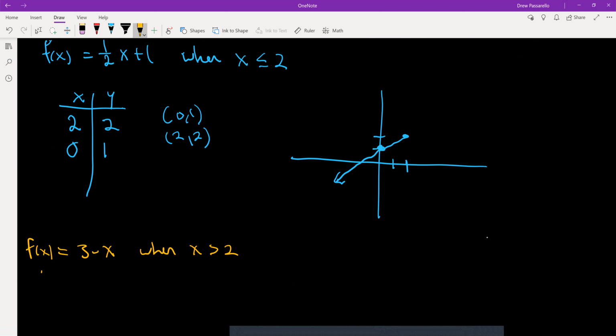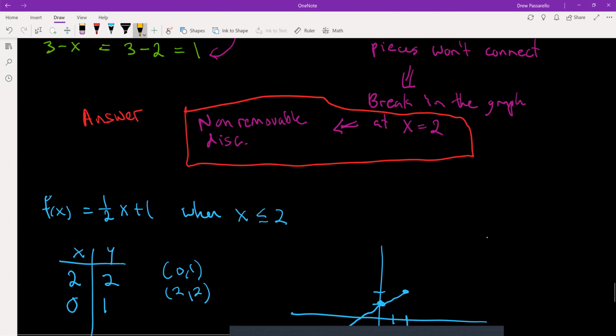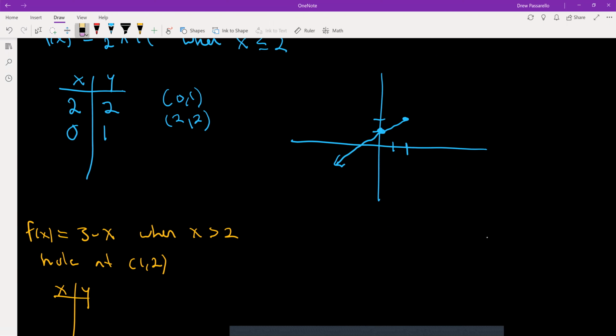So there's going to be a hole at 1, 2. Let's see. Yeah, because there's going to be a hole at 2, 1. Sorry, I had it backwards.